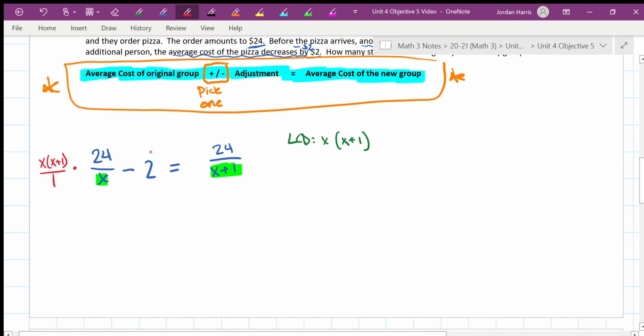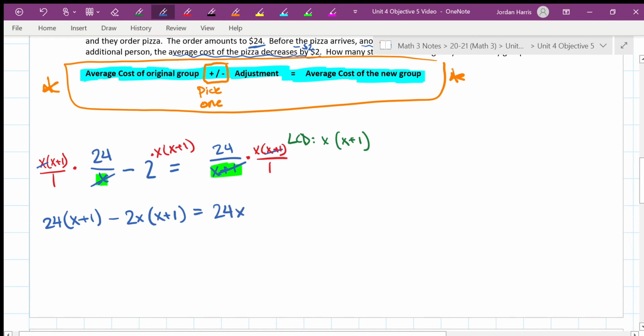The fractions I'm going to multiply over 1 just because it makes it a fraction, so I don't have to think about it. And then we simplify. The x's simplify, so 24 times x plus 1 minus 2x times x plus 1 equals, the x plus 1 simplify, 24x.